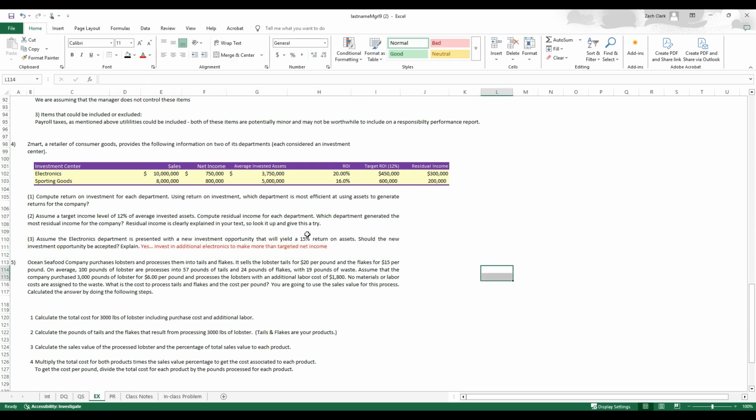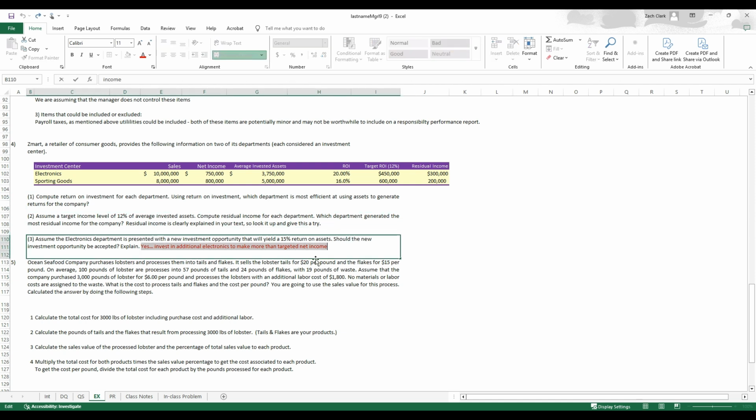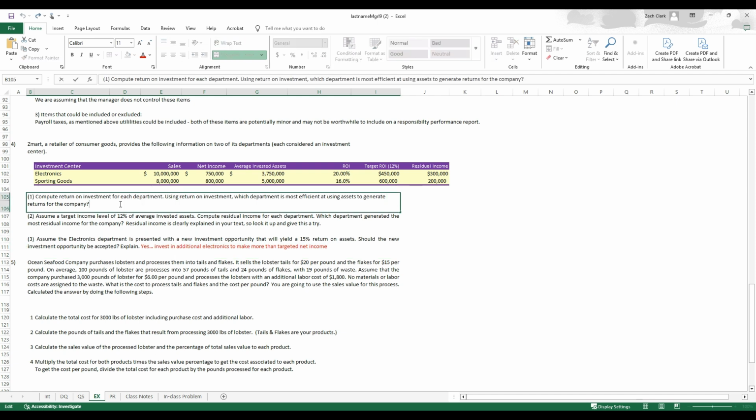I mean, we could just do this for the heck of it, just to put a direct answer in. We'll say electronics is the most efficient at using its assets to generate returns. But that doesn't mean we should get rid of sporting goods.